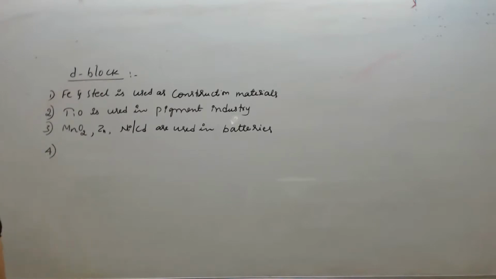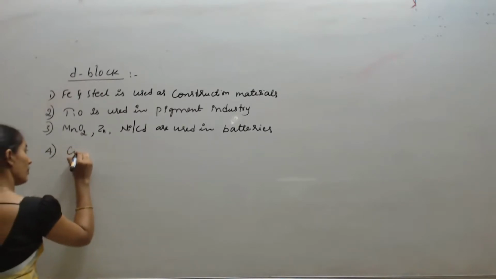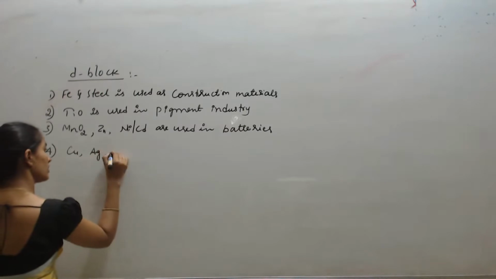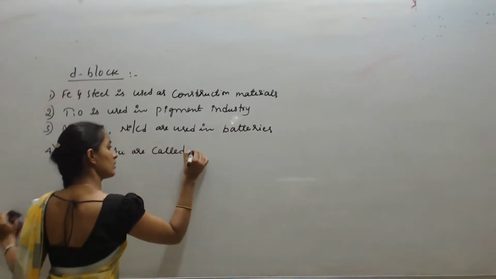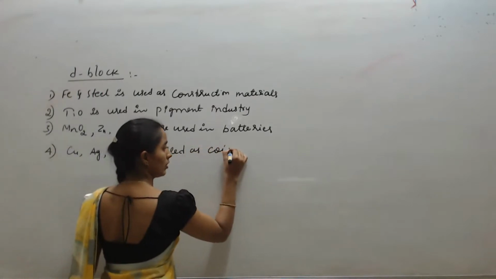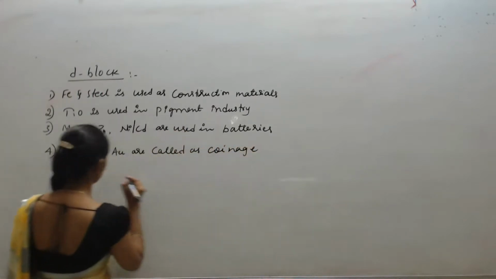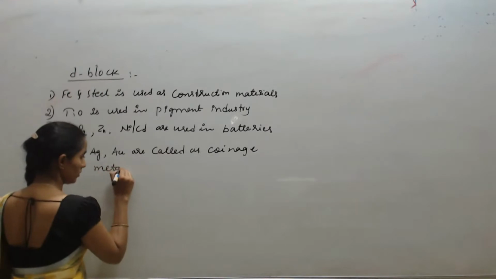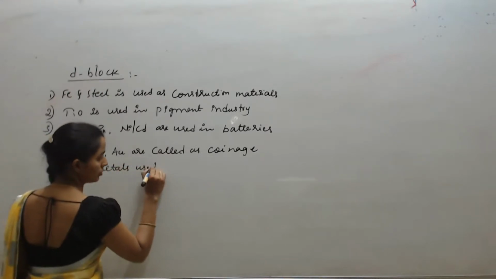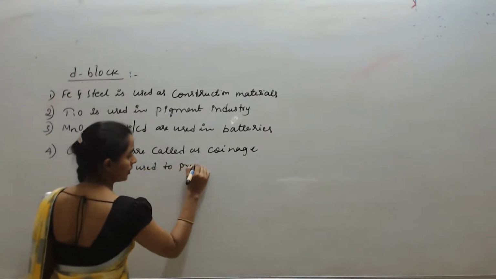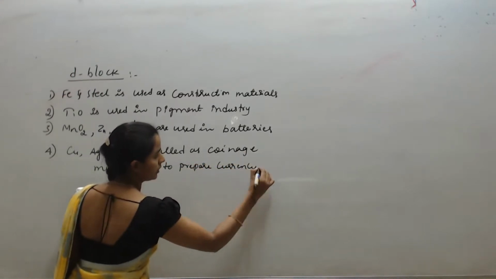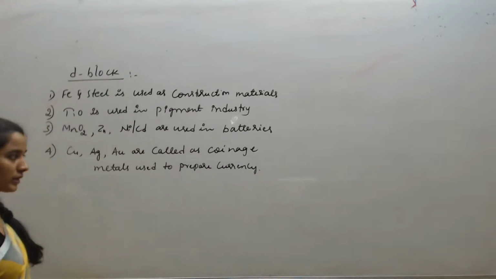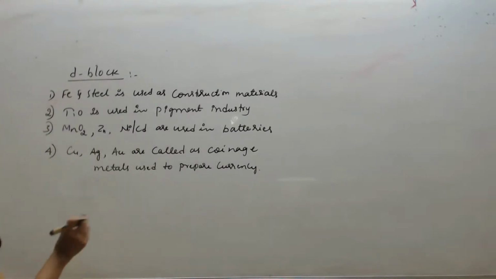Fourth one, copper, silver, gold are called coinage metals, used to prepare currency in the UK, US, okay? There the coins are made up of silver and copper.